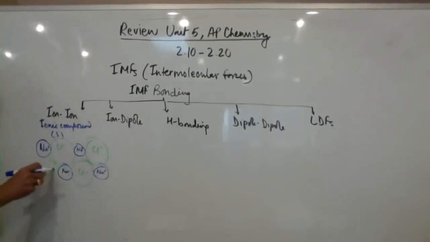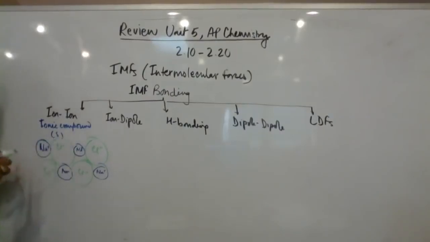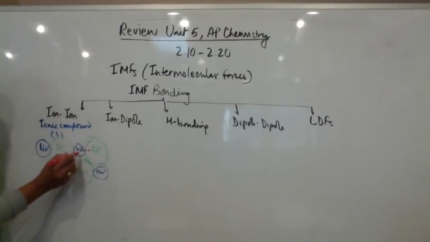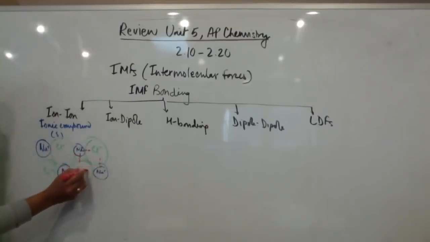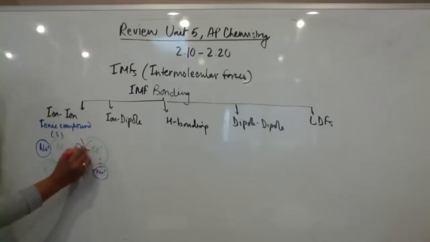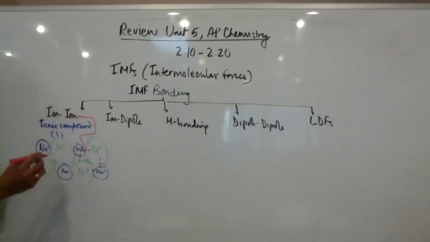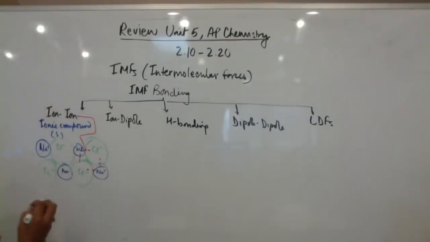Notice that the anions are larger than cations. The attraction between these oppositely charged Na plus and Cl minus, all of these are called ion-ion attractions or ionic bonds. Now, how do you determine the strength of ionic bond?